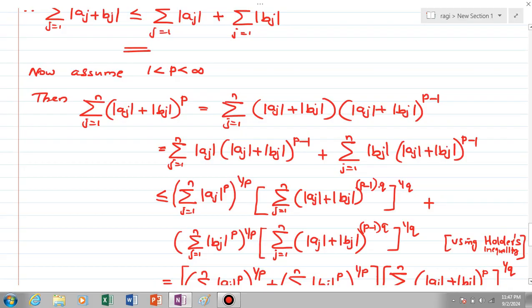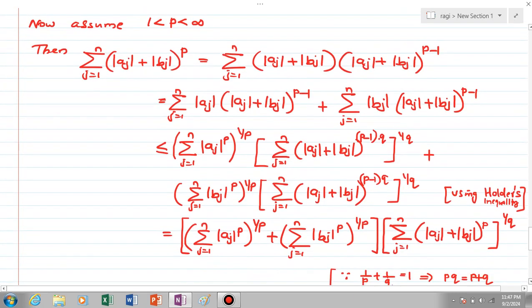Okay, plus, applying Hölder's inequality in the next summation, we can see (Σ_{j=1}^n |b_j|^p)^{1/p} (Σ_{j=1}^n (|a_j| + |b_j|)^{(p-1)q})^{1/q}.